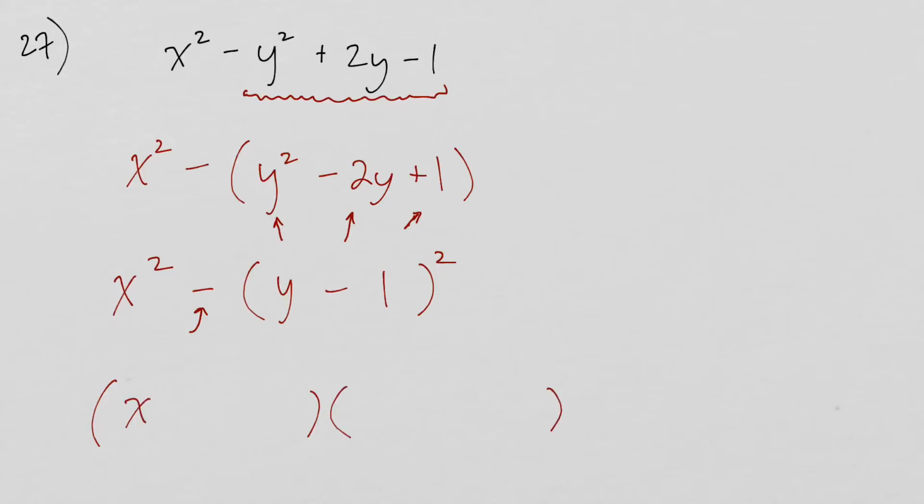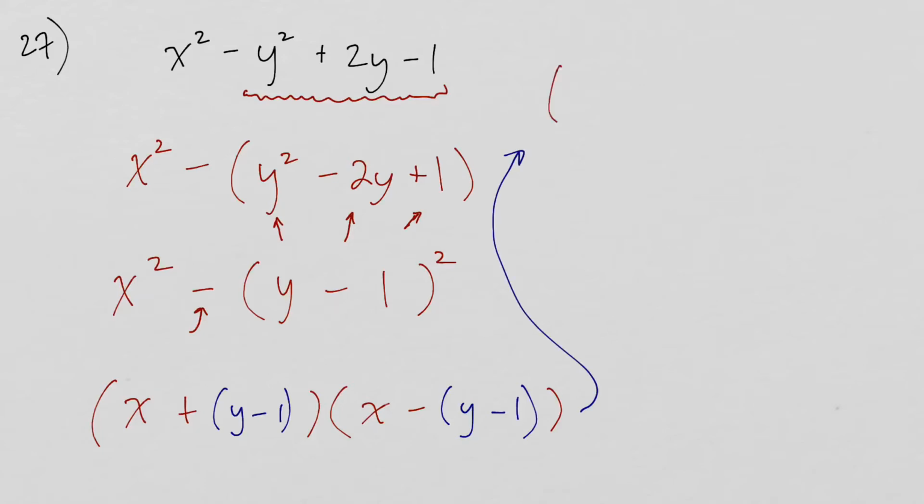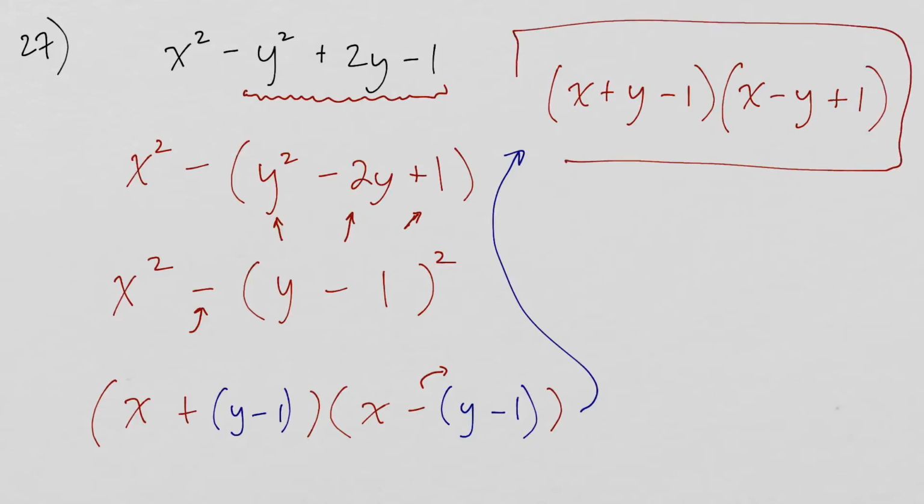I put my x here, and I'm going to have plus this y minus 1, and I'm going to have x minus that y minus 1, and I'm going to clean this up so that I have in the first parentheses x plus y minus 1, and then I'm going to distribute this negative and get x minus y plus 1, and that's the final answer.